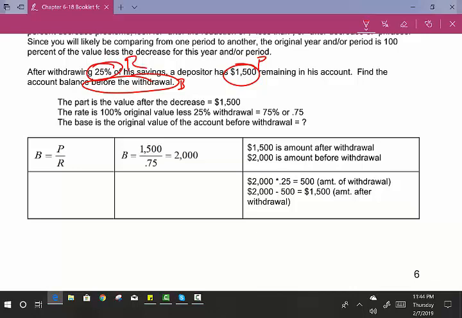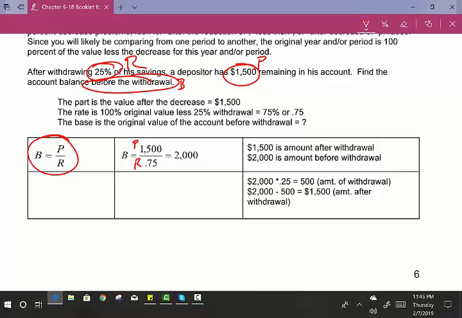So I'm going to solve for the base, which is equal to part divided by rate. So my part is what I have now of 1,500 divided by the rate. I'm not going to find out how many dollars I actually decreased. I want to find out what the original amount was. So therefore, I'm going to divide that by 0.75.